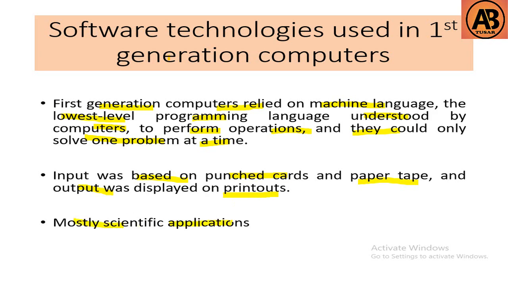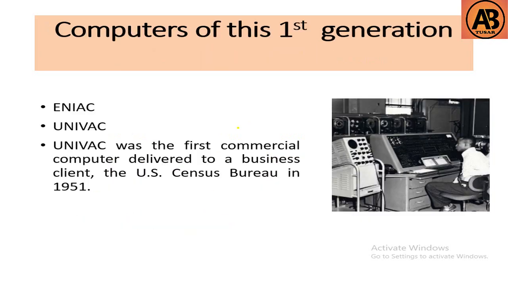Mostly scientific applications. Then computers of this first generation are ENIAC and UNIVAC. UNIVAC was the first commercial computer delivered to a business client, the US Census Bureau, in 1951. This is the first generation computer.